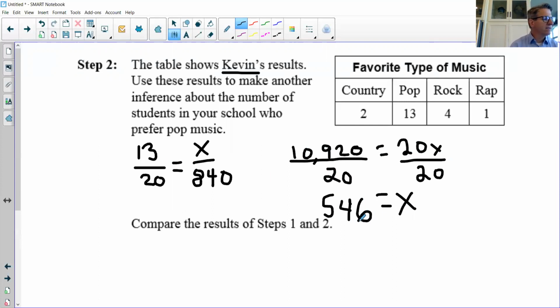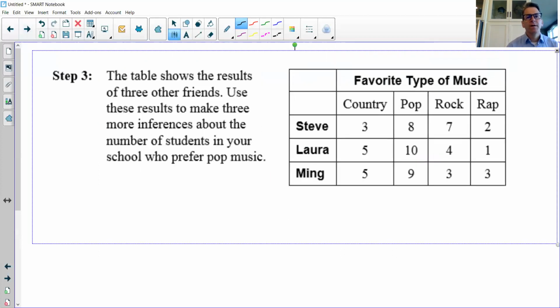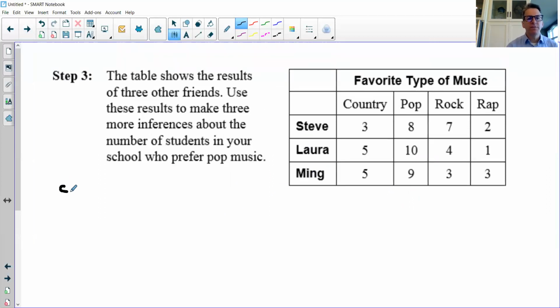Now let's look at the last sample set: Steve, Laura, and Ming. Let's first start with Steve. Steve had 8 out of 20 say they like pop, and that's equal to X out of 840.